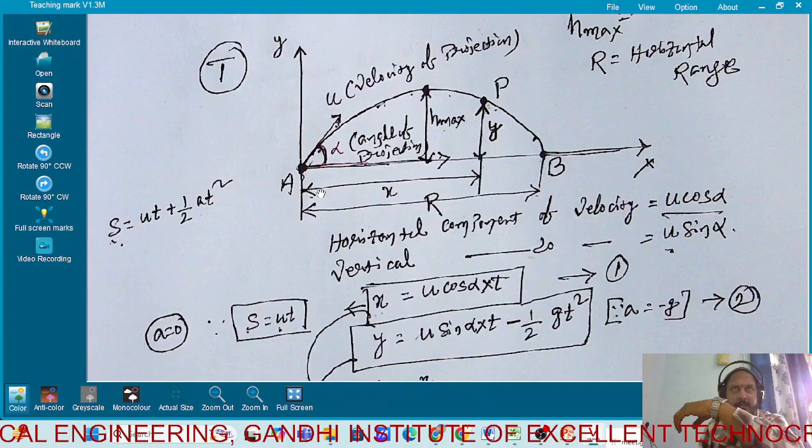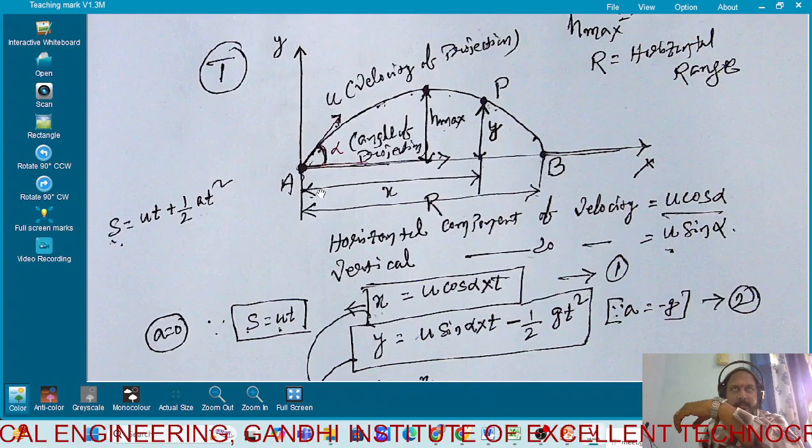Now my question is, what is the final velocity in vertical direction? Final velocity will be 0. Here I am saying after reaching the maximum point, the final velocity becomes 0. It goes to 0, again it comes down with certain velocity.